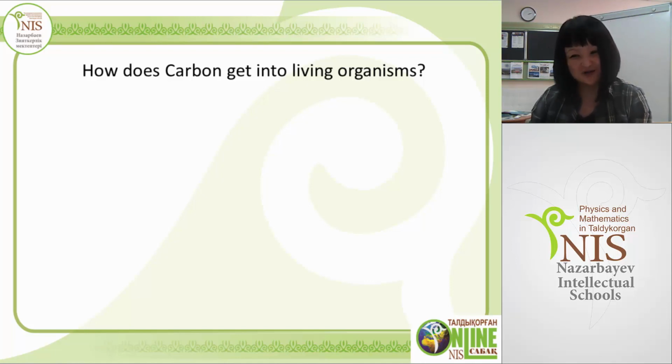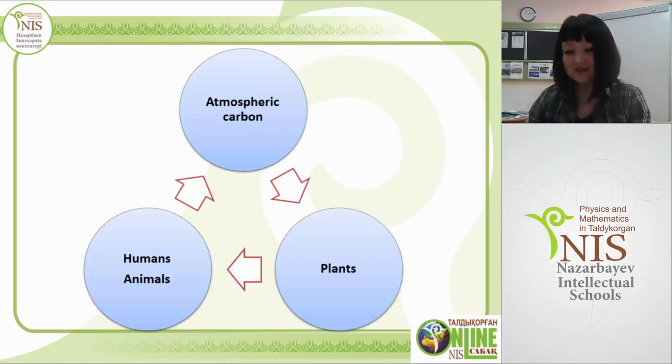So, if you are not so experienced in the topic of biology or chemistry, your answer can be like this one. Simple diagram that atmospheric carbon goes to plants. Plants are producing the carbon as well, and humans and animals consume the plants and produce atmospheric carbon.